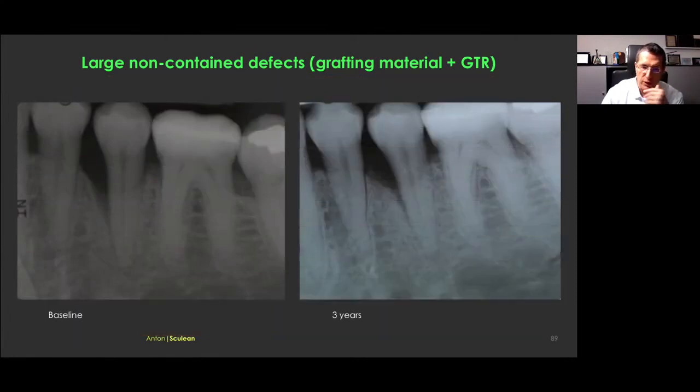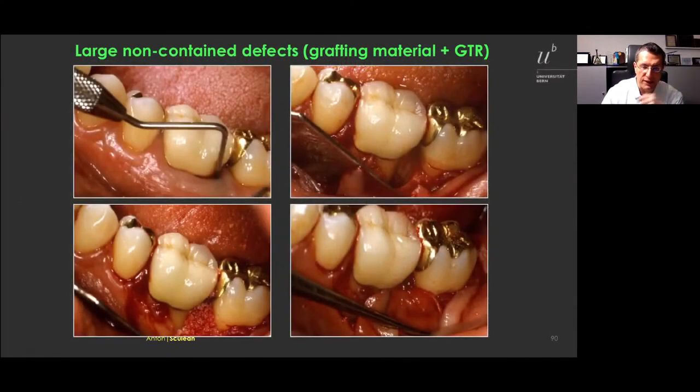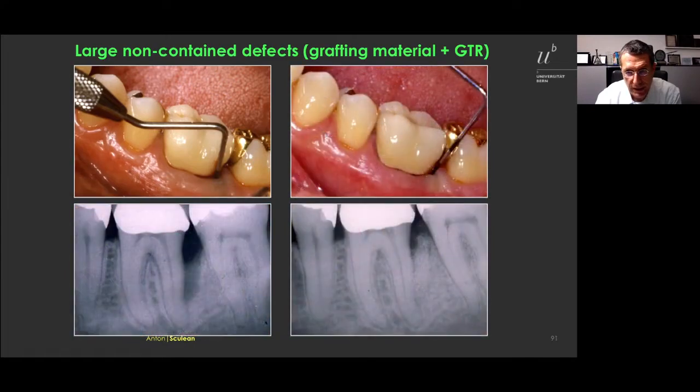So this is the outcome after a couple of years in this particular case. There's another case where I looked at the situation and I used the same combination. And at the very end, you see here, after 10 years, we have a probing depth of about 4 millimeters. We started with about 10, and you can clearly see the outcome illustrated by the X-ray.